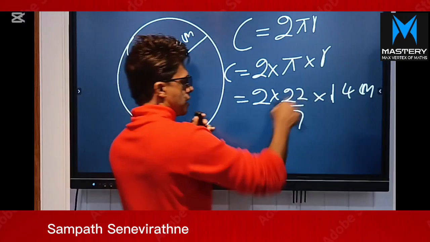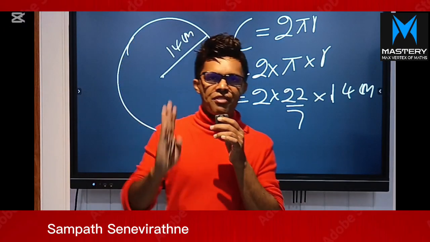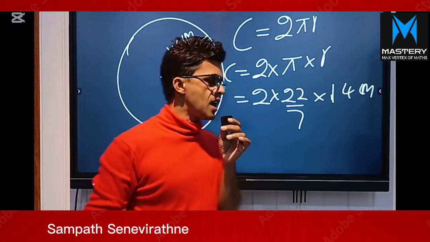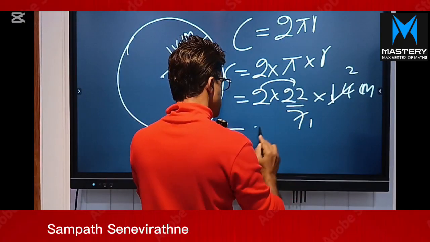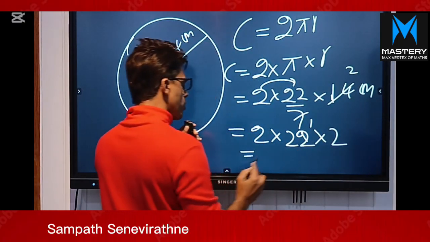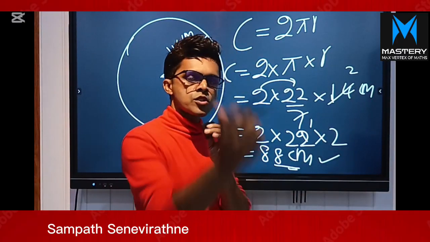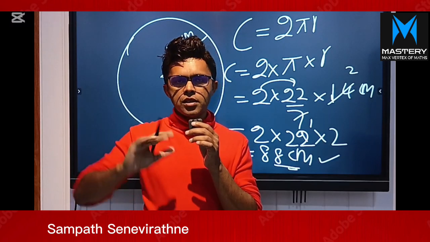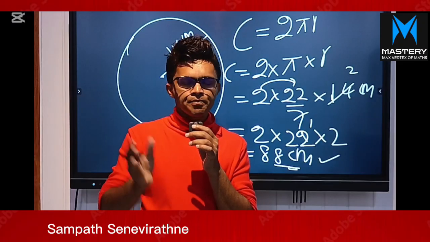Since 14 is a multiple of 7, we can simplify: 2 times 22 is 44, and 44 times 2 is 88. So the circumference of a circle can be obtained using 2πr.